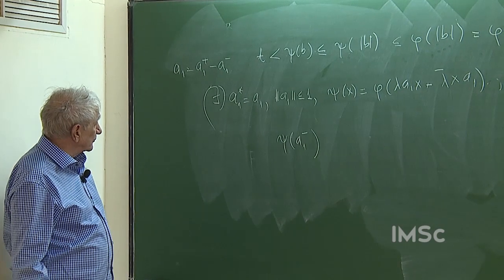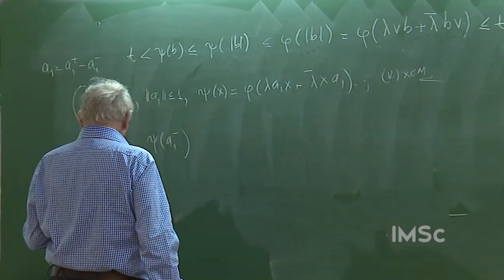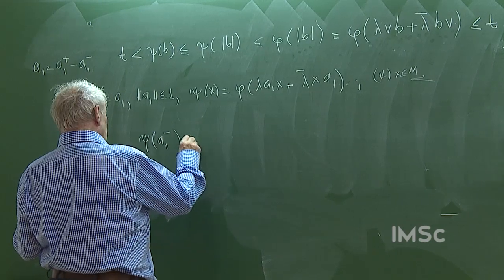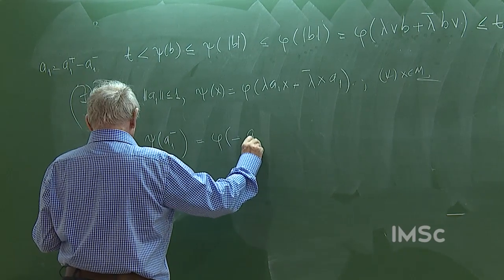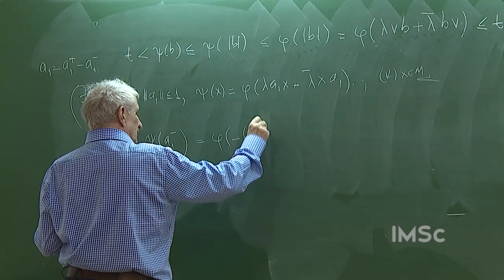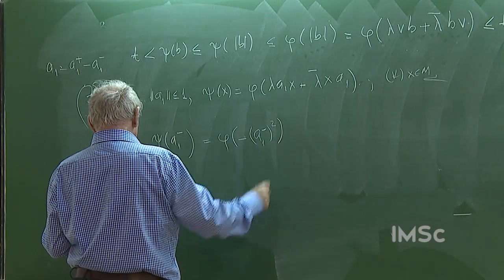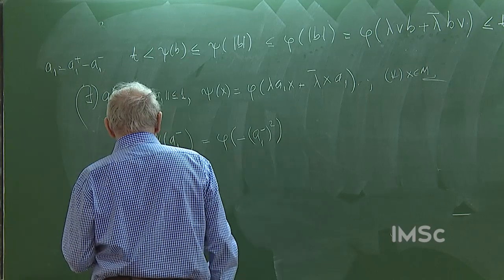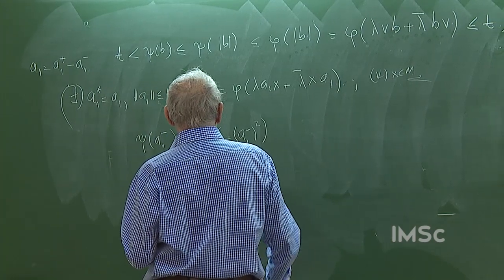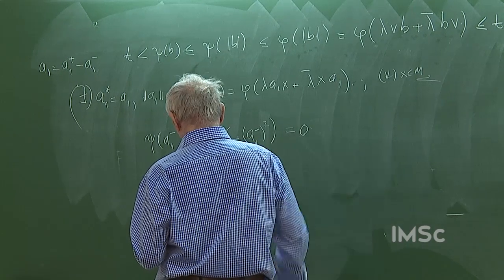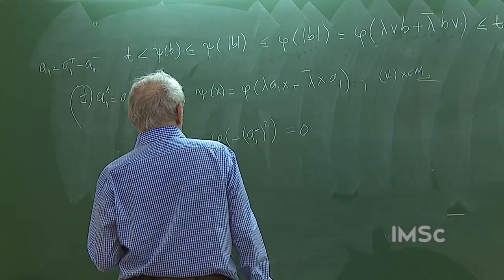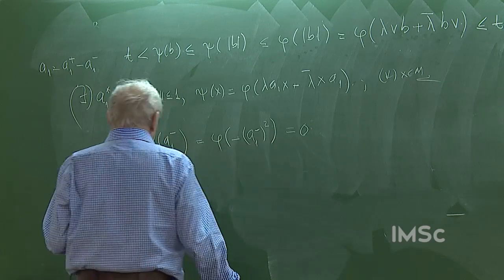Psi of A1 minus is equal to phi of minus A1 minus squared, and this will be equal to 0. Why?